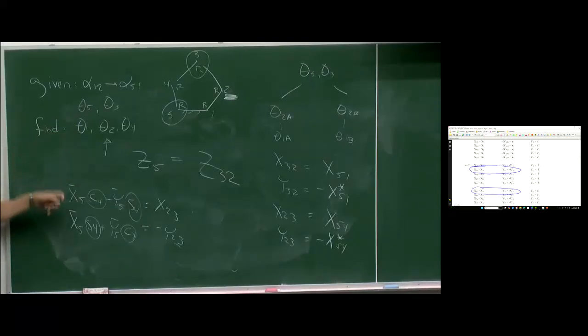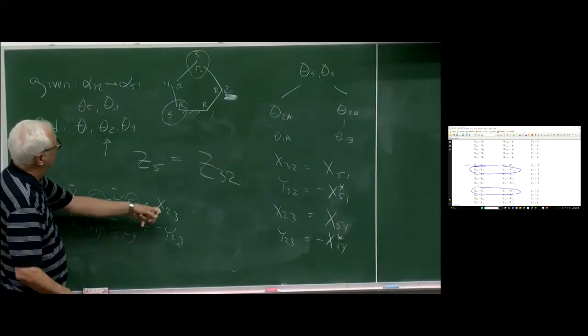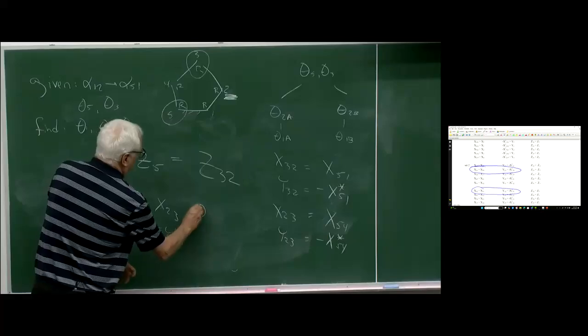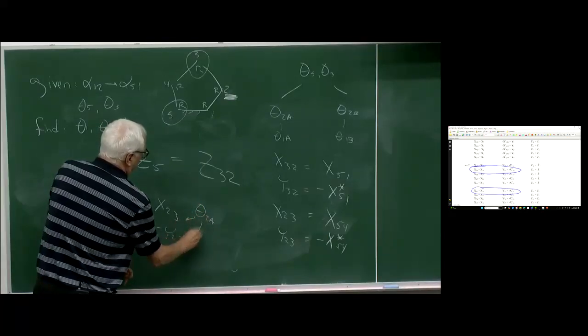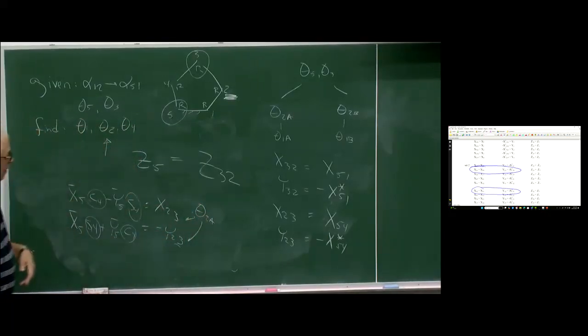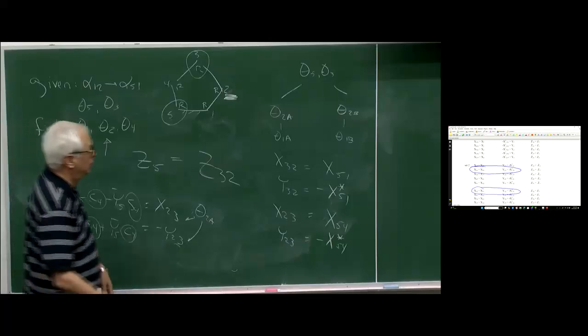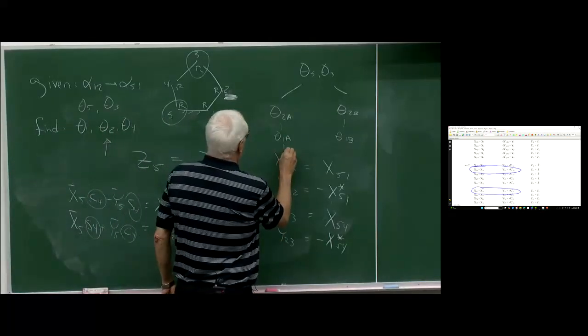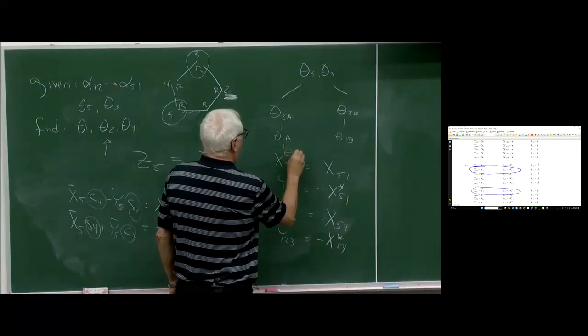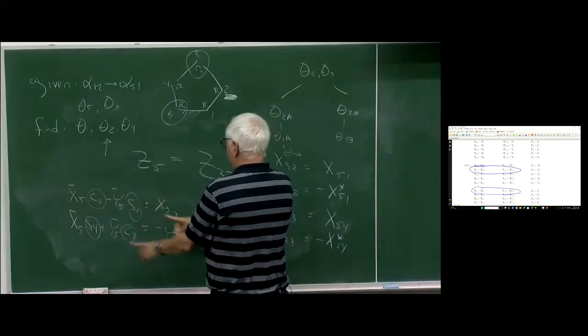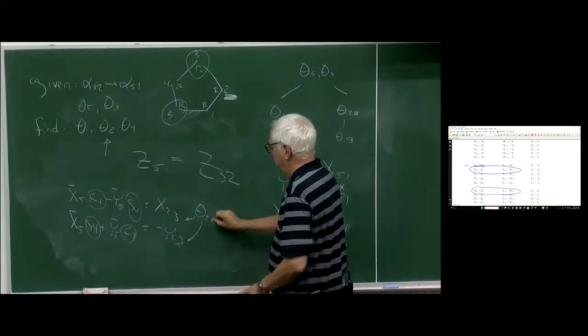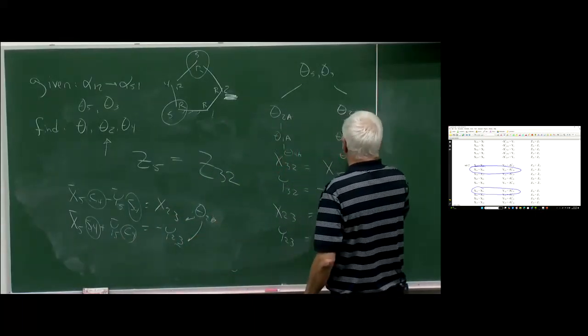Theta 5 is given, a number. Theta 3 is given, but I'm going to take theta 2a, evaluate those for the A case, solve two equations, two unknowns. We got theta 4a, and then I'm going to use those same two equations, but now we're going to put theta 2b in there, the B case.